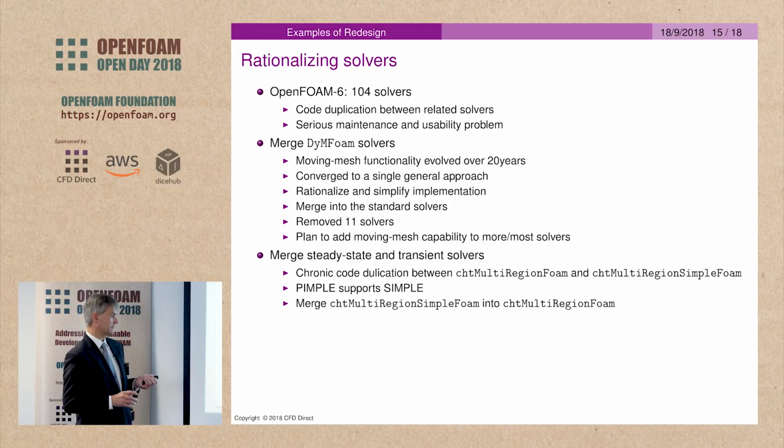There are some compromises there, but in the case of chtMultiRegionFoam and chtMultiRegionSimpleFoam, the code duplication between these solvers was chronic. It was a nightmare to maintain these two. So we'll put a lot of effort into merging that functionality to create a single structure that will handle the functionality of both.